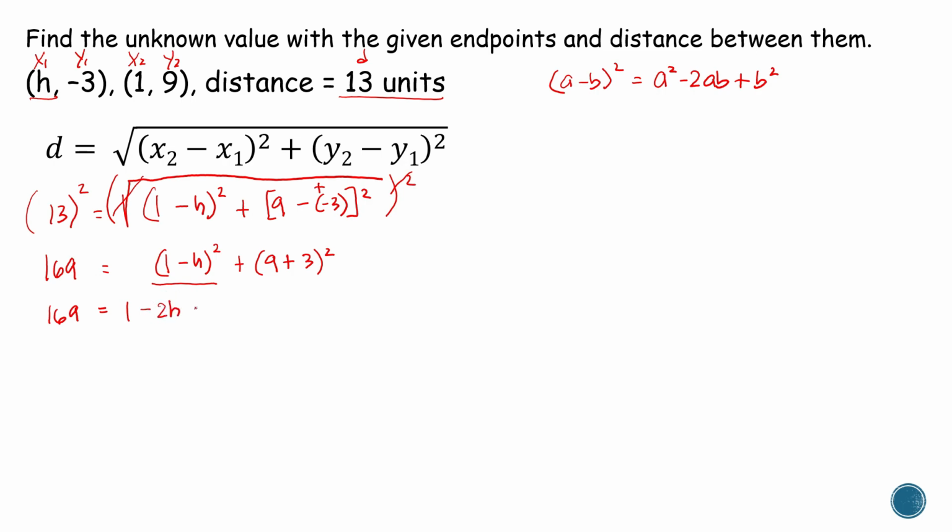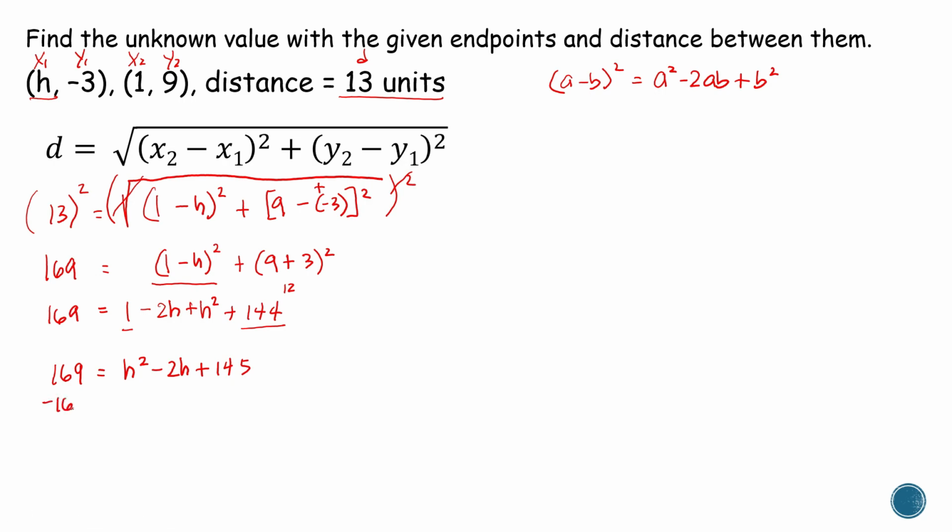Our b is h, so plus h squared. 9 plus 3 is 12. 12 squared is 144. Next, we can combine 1 and 144, and that will give us 145. So this will be h squared minus 2h plus 145.